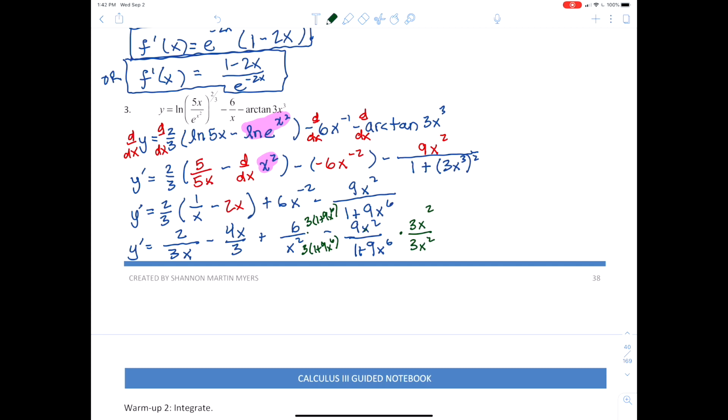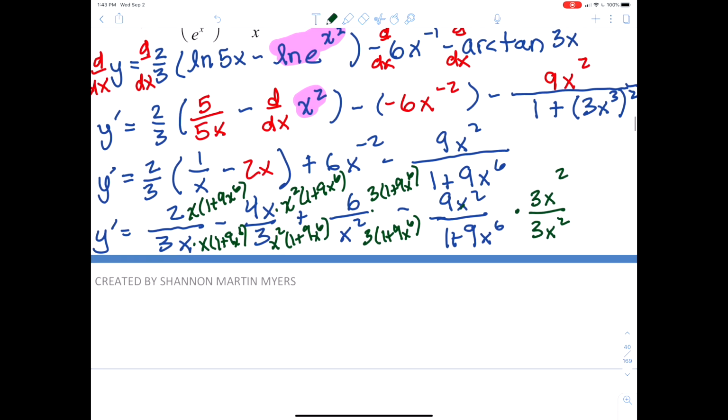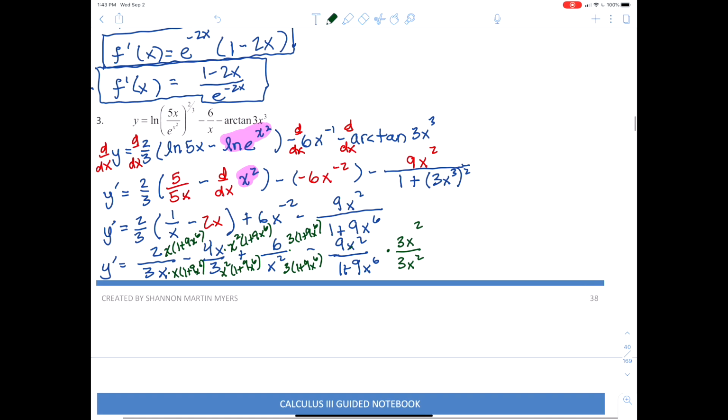And then the second term will need an x squared times 1 plus 9x to the 6, that quantity. And then what do we need here? I think we'll need an x times 1 plus 9x to the 6. Sorry, it's a little scrunchy. That's what it looks like zoomed up. Just getting a common denominator. So now, let's see what shakes out.